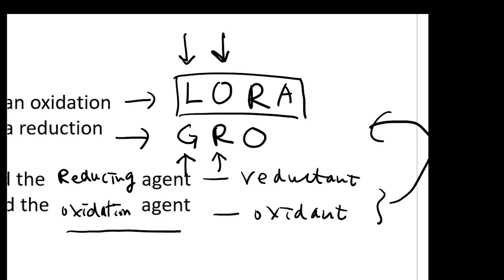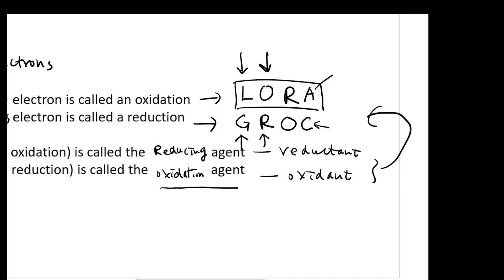You tie all these things together so that you don't get confused. And then the other one is gain electrons, undergo reduction reactions, can serve as an oxidant, and it always happens at the cathode. So A is for the anode, C is for the cathode. So the way I memorize all these things is using LORA and GROC, so that I can tie all these things together. You're going to hear this LORA GROC term a lot in the subsequent slides.